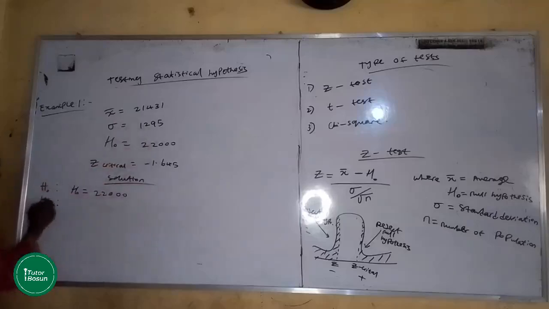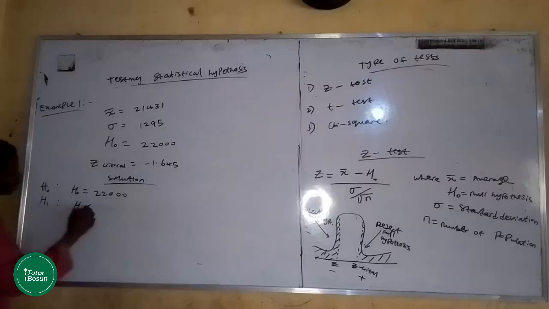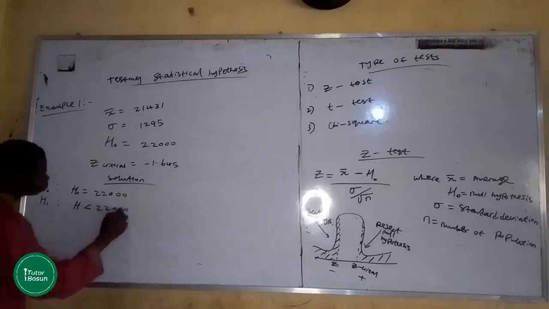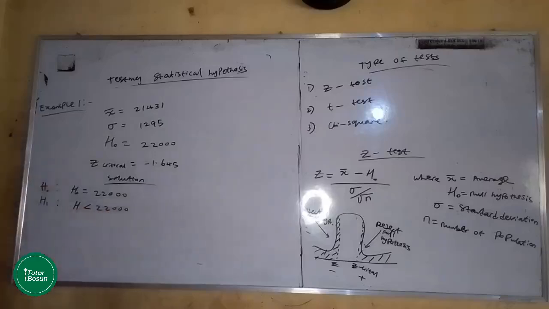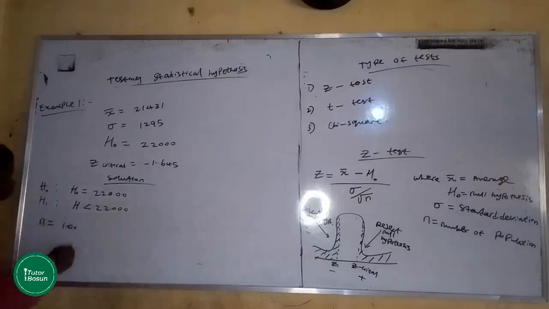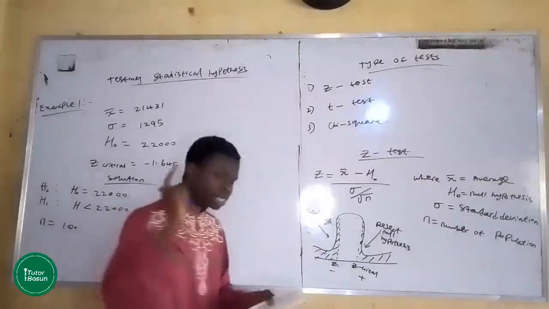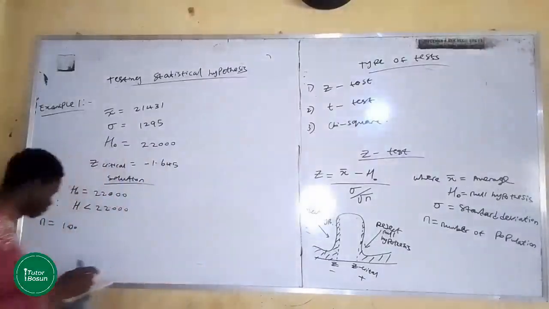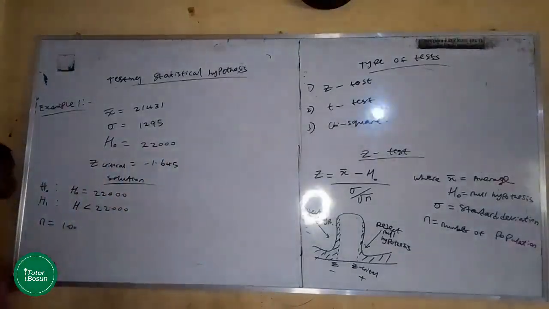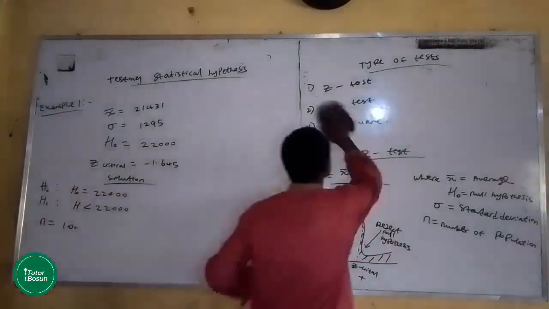Your H1, which is your alternative hypothesis, says mu is less than 22,000 miles. We have given x bar, and we have our mu naught. So we can now introduce our formula. N, number of population. N is given as what? Given as 100 because of the first statement, 100 tires. So N is given as 100. So applying our formula.